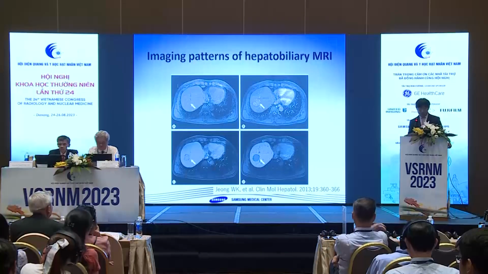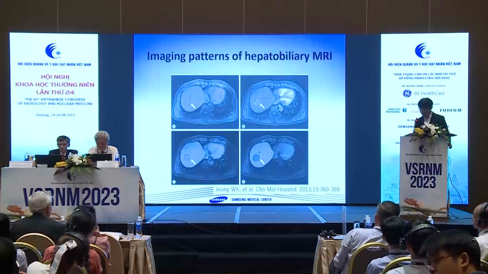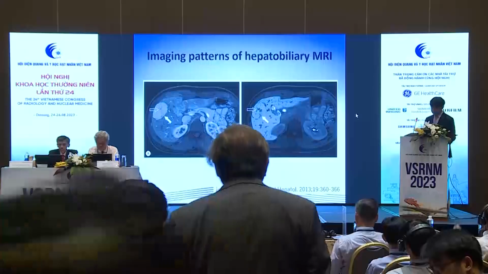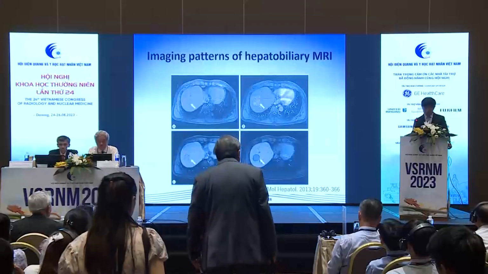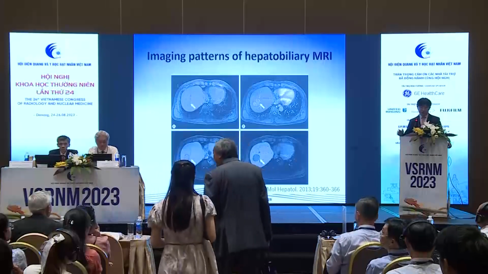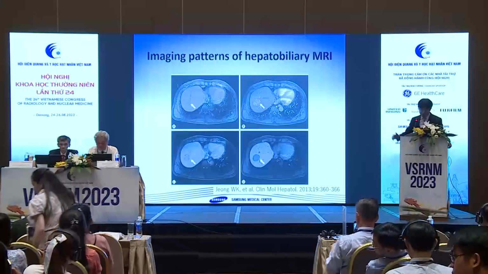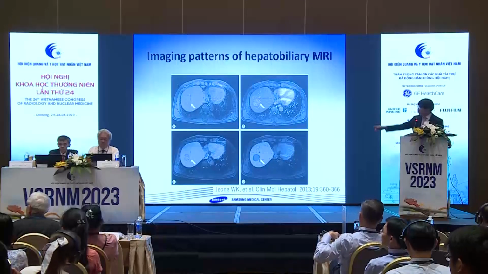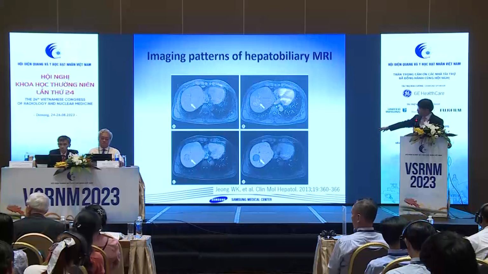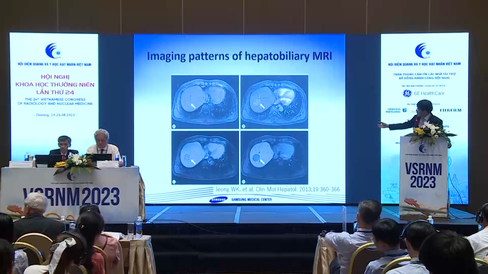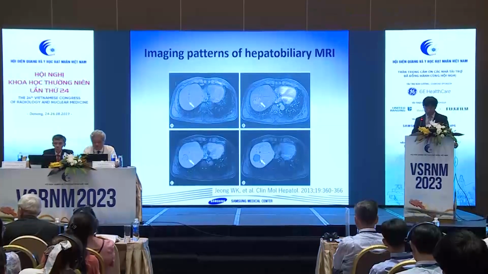The arterial phase shows good enhancement of the mass in the right liver, the portal venous phase shows washout, and the last one is the hepatobiliary phase. The hepatobiliary phase depicts the mass in the right hepatic lobe more clearly.